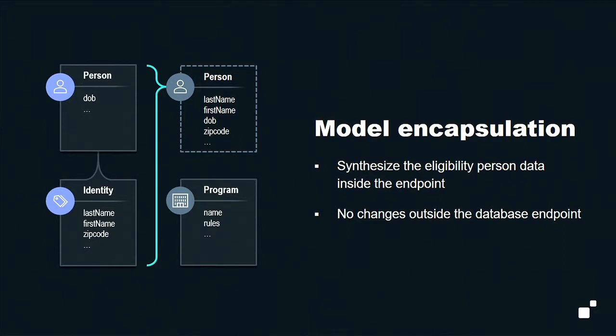Because she knows, because the database has been encapsulated within the data service implementation, she reasons that she can take the last name and the date of birth, match the person with the date of birth, match the identity with the last name, join them together, group on the person, and produce the same return value that the client is expecting, and thus honor the contract.